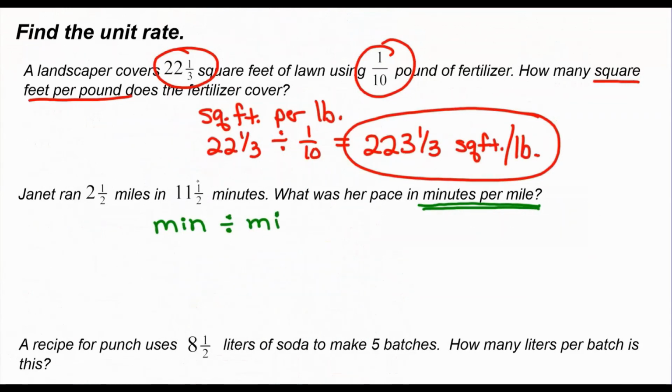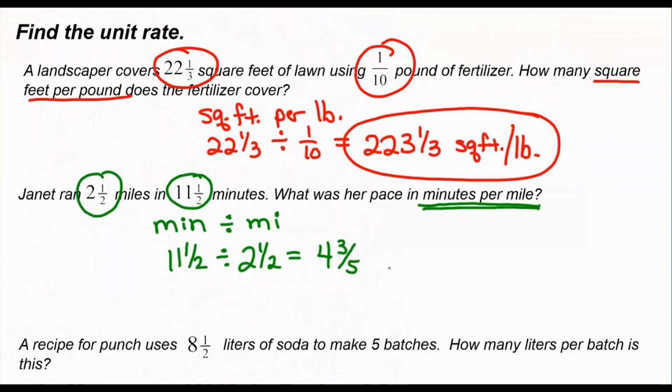And so it took Janet 11.5 minutes to run 2.5 miles. So I take 11.5 divided by 2.5. And when I do that, I get 4 3/5 minutes per mile. That's pretty fast. And that is my unit rate.